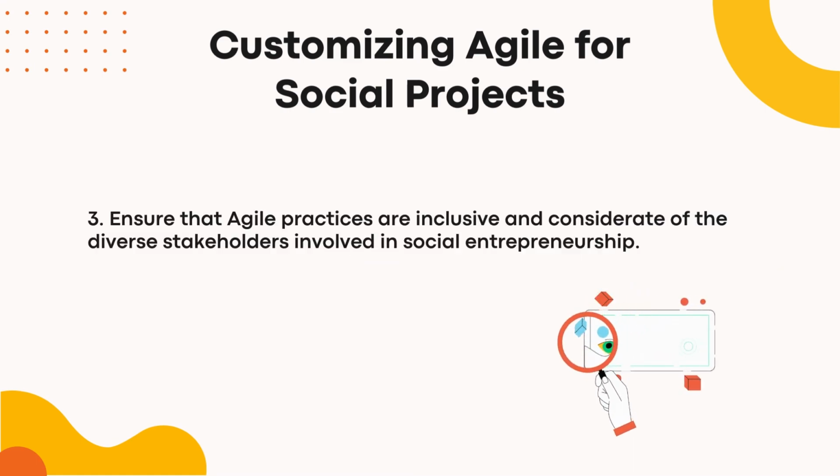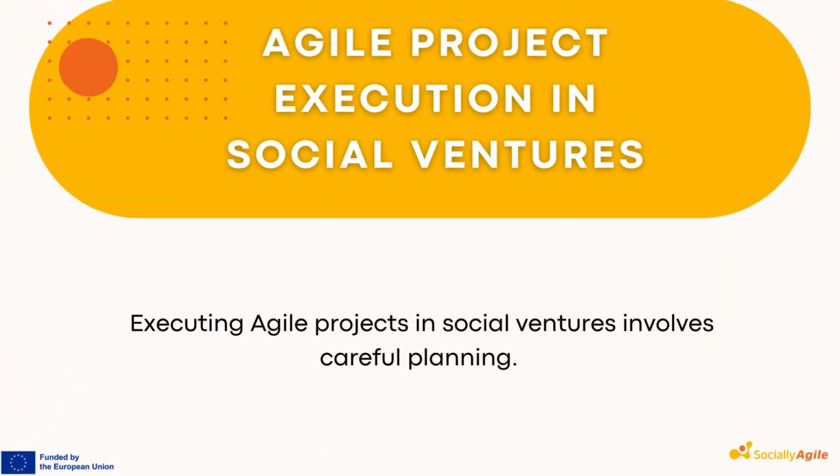This ensures that every aspect of the Agile process is geared towards achieving meaningful social change. Additionally, it's vital to ensure that Agile practices are inclusive, taking into account the diverse range of stakeholders involved in social entrepreneurship.